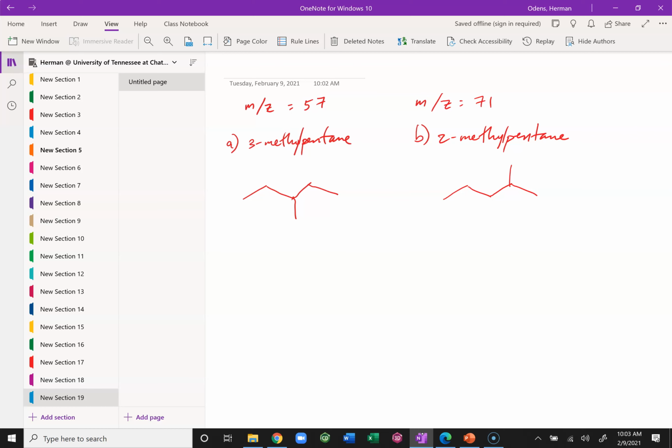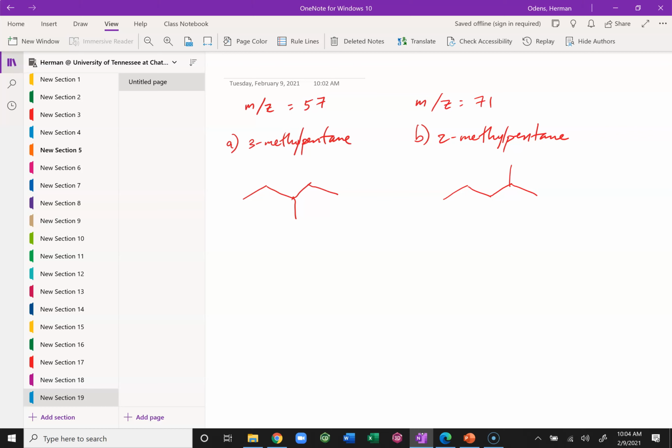So this is how you can predict the base ion, based on probabilities. If you have a bond that can be broken in two different positions, or if you can break 2 bonds that will give you the same fragment, you're increasing your odds by 2. Your chances have been doubled.